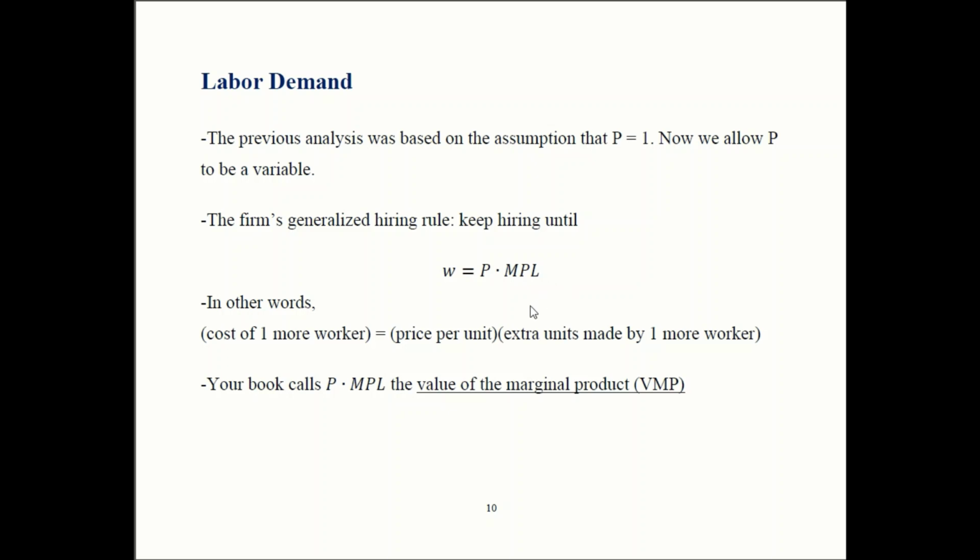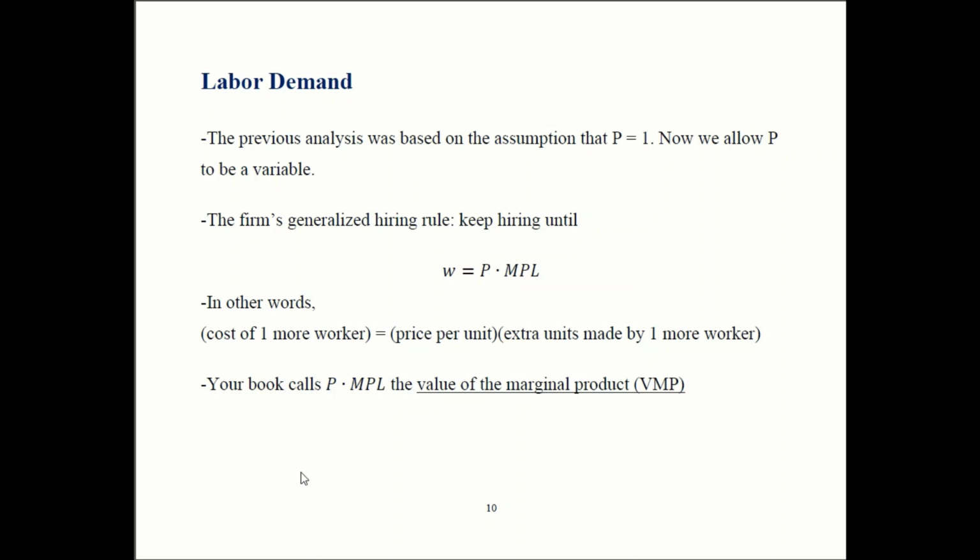So if your last worker makes, let's say, 10 units, and the price of each unit is $2, that last worker is going to generate $20 of revenue. So price times MPL is the extra revenue per worker. The wage is the extra cost per worker, so you're equating marginal cost with marginal revenue. That's the profit maximizing rule that we learned about earlier.